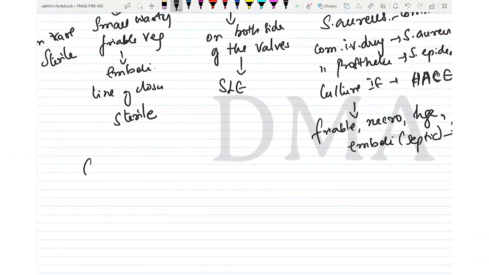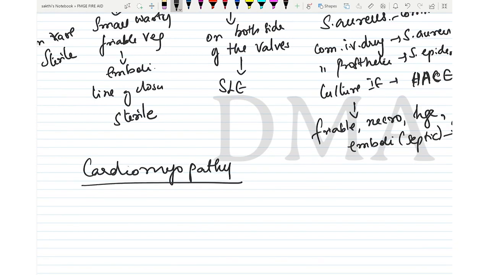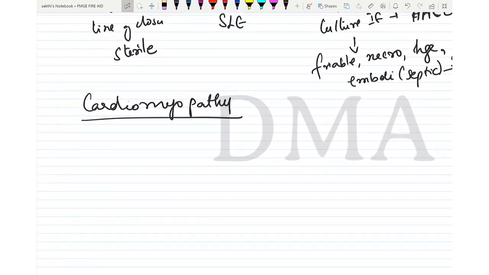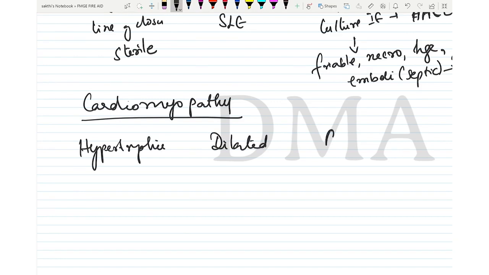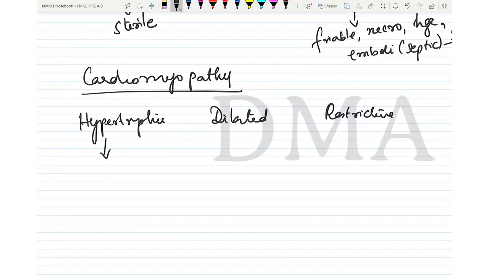In hypertrophic cardiomyopathy, there is asymmetrical hypertrophy of the interventricular septum. So here there is reduced compliance of the heart to receive the blood. So this is a diastolic dysfunction disorder.